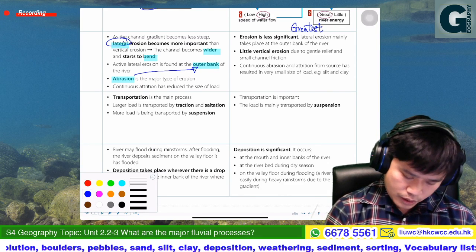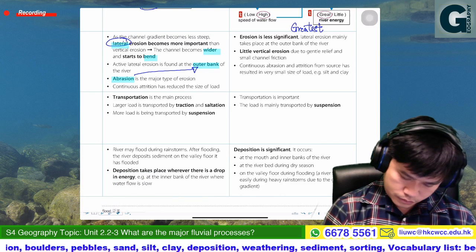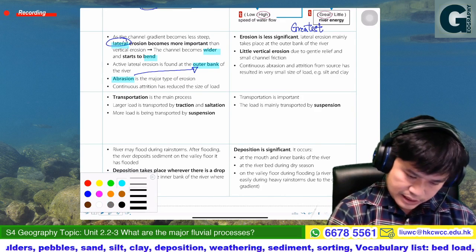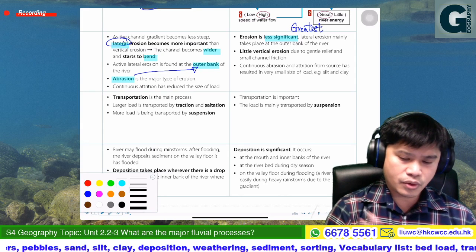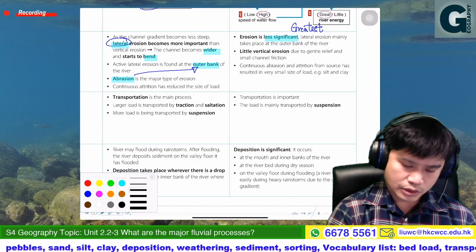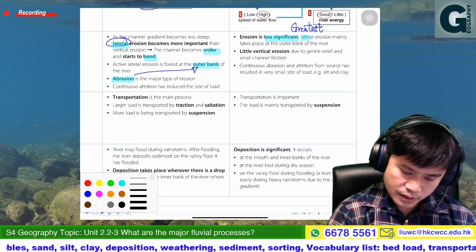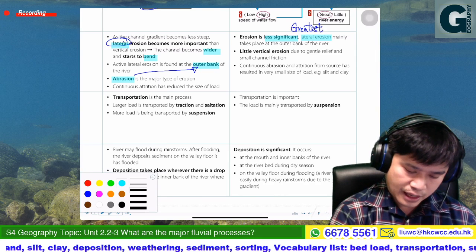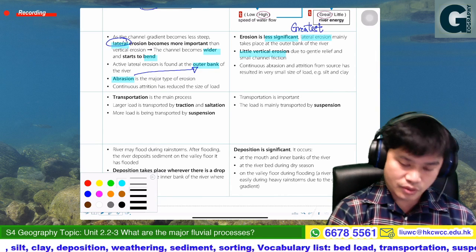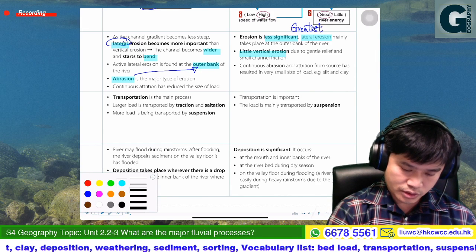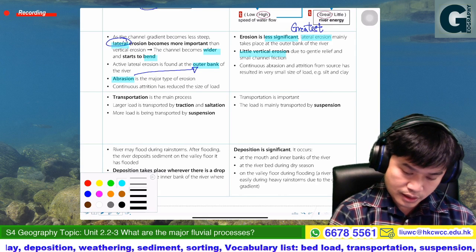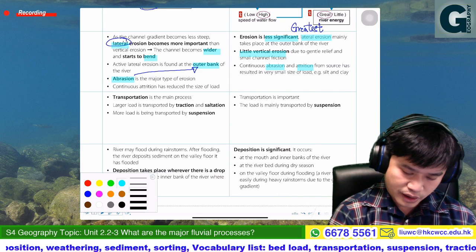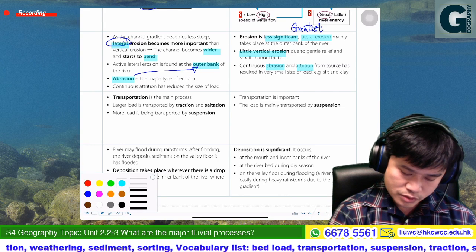And then for the lower course, erosion is less significant. No more erosion. But you can still see sometimes there could be lateral erosion mainly taking place at the outer bank of the river, and there will be just little vertical erosion, and continuous abrasion and attrition from the source has resulted in a very small size of load.